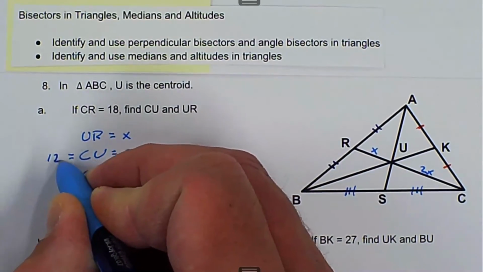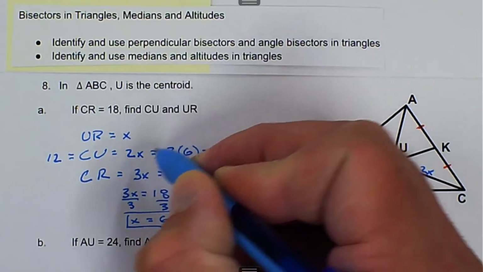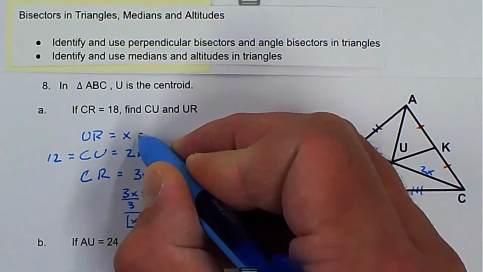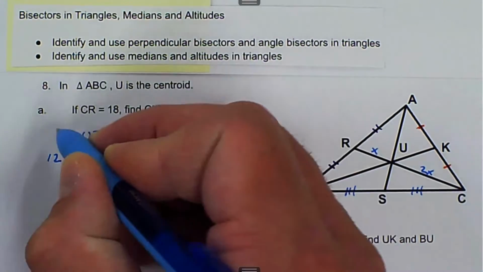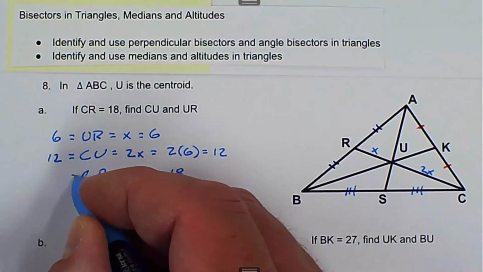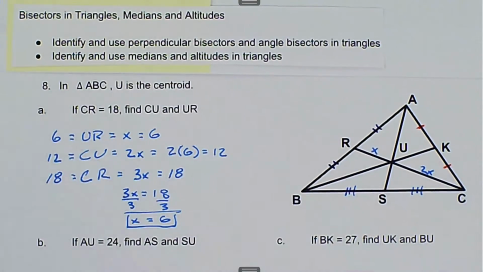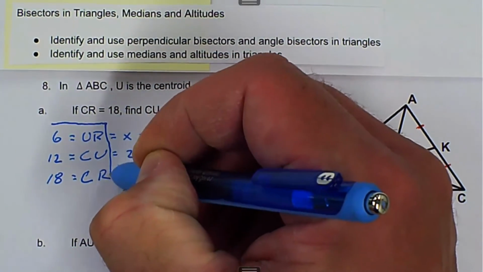So CU is equal to 12. And we know that we can just substitute that in. So UR is equal to 6. Well, 6 plus 12 is 18. We can do that check just to make sure. So these are our values that we get.